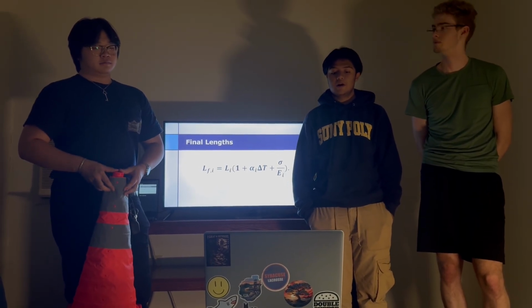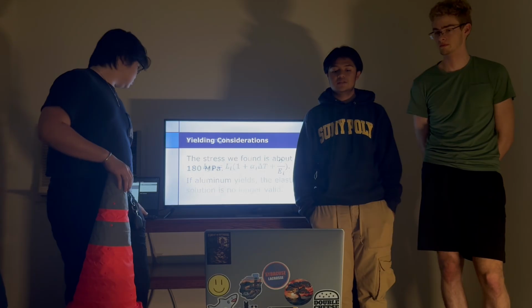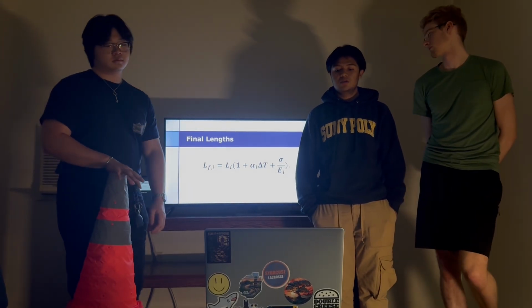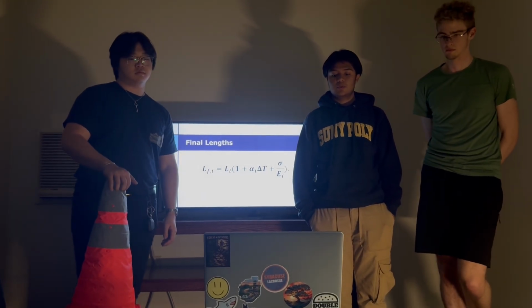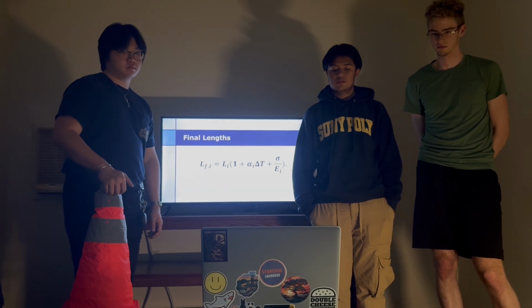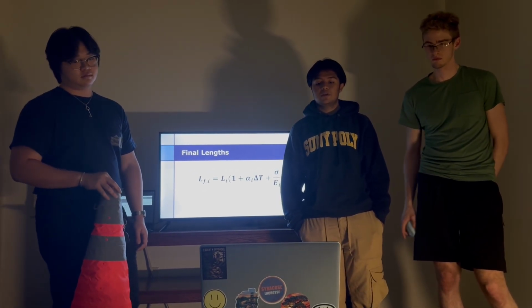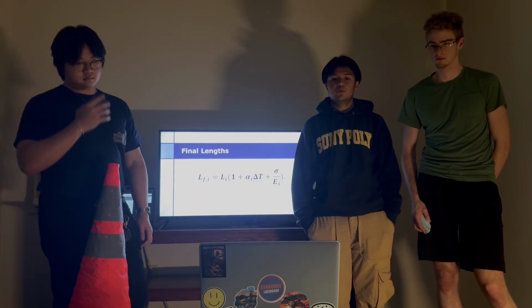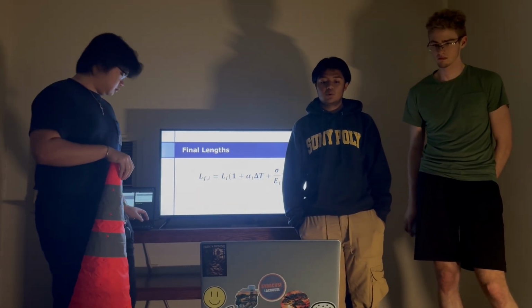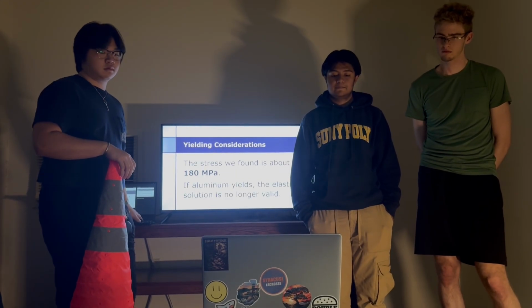The aluminum bar is 0.999698 meters, which decreased by negative 0.302 millimeters. The two changes cancel out, giving a perfectly unchanged total of 2.0 meters, as required by the rigid constraint.